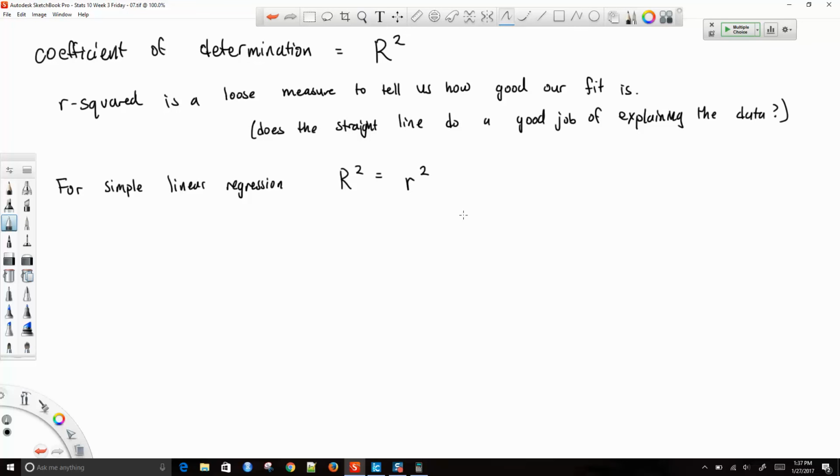Okay, and that seems to be like a trivial relationship. In higher levels or more complicated regression, this relationship no longer holds. But for simple linear regression, this works. Okay, and thus R squared will be between 0 and 1 inclusive.